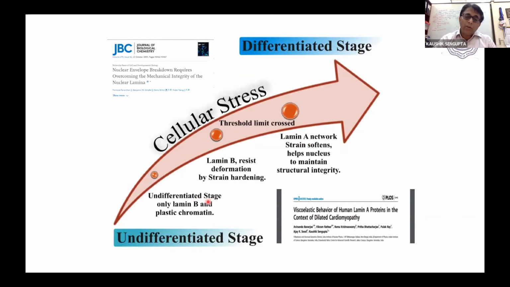So we could reason that B could resist the strain deformation up to a certain degree, after which, you remember the figure from Goldberg, there are the two arrays. One is the orthogonal array of fibers overlaid by the parallel array of fibers, which is overlaid on the B, which can take care of increasing the stress mechanical cues in general when the threshold limit is reached.